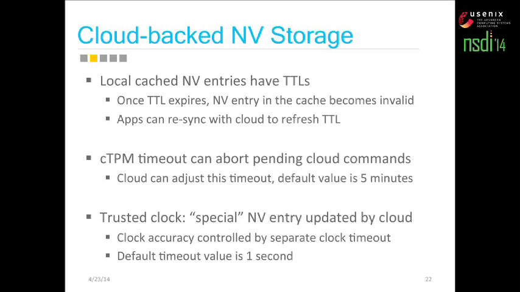The cTPM client can just read the information out of this special NV index and even build policies upon this remote NV index. The only difference between this special remote NV index and the common normal remote index is that it uses a separate timeout value. And the default value for this timeout is 1 second to keep high precision of this trusted clock.